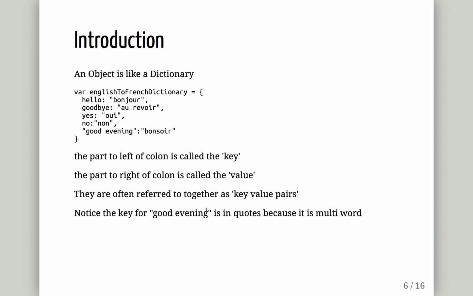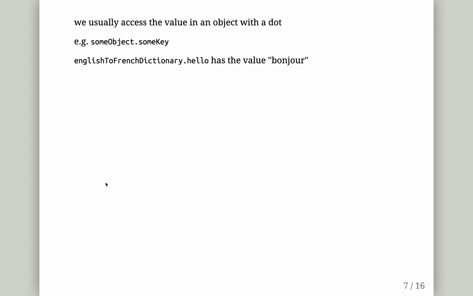Sometimes you probably do that on the terminal. There might be some things that allow you to have a branch name or something like that, where it's different as soon as you get into multiple words, and then you need to use quotes. Similar here. You can use quotes around single words too, but you don't have to. Okay, we usually access the value in an object with a dot. Example, some object dot some key.